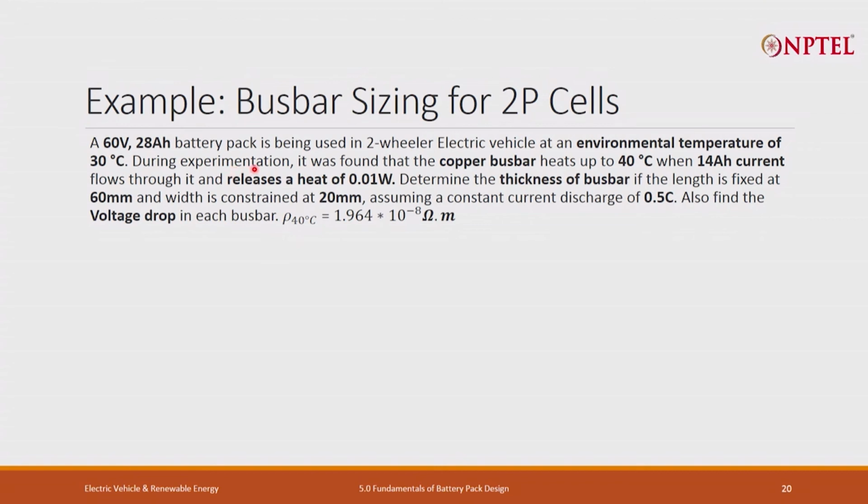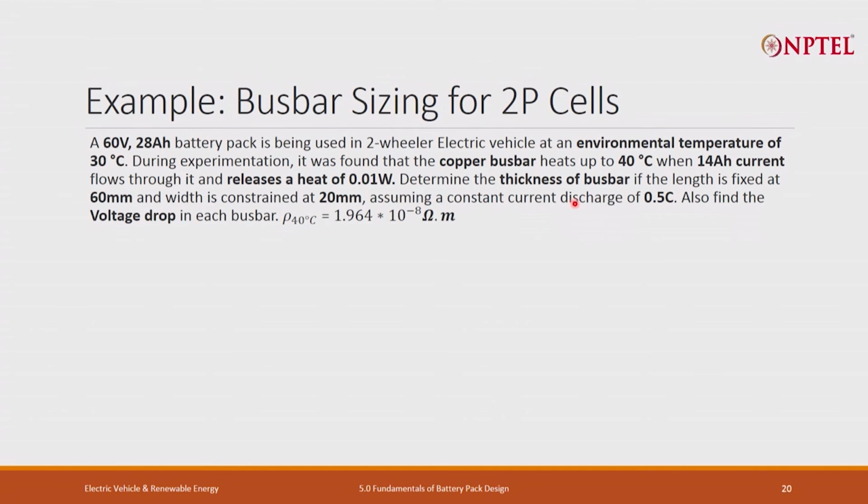During experimentation, it was found that the copper bus bar heats up to 40 degrees centigrade when 14 A current flows through it and releases a heat of 0.01 watt. Determine the thickness of the bus bar if the length is fixed at 60 mm and width is constrained at 20 mm. So, you have length 60 mm, width 20 mm. You need to find out the thickness.